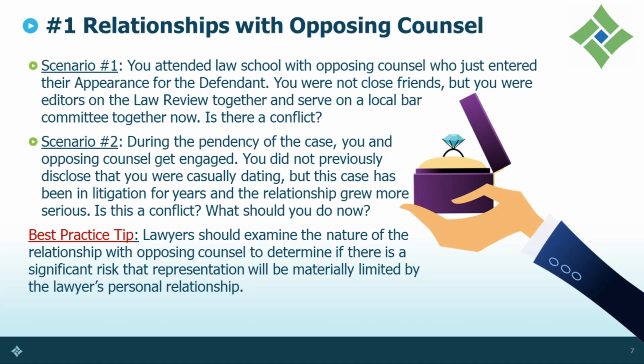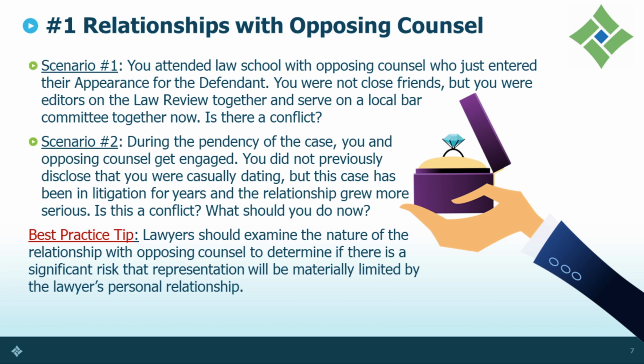If there is a risk your representation of your client will be materially limited by your friendship or relationship with opposing counsel, you have a conflict. This is Rule 1.7(a)(2). It's worth citing ABA Formal Opinion 494 here, which addresses friendships. It states that close friendships should be disclosed.